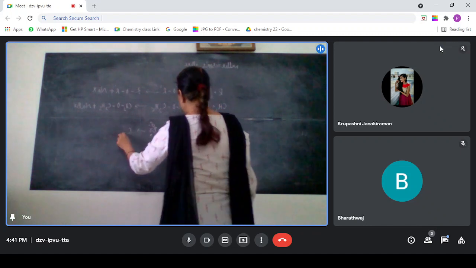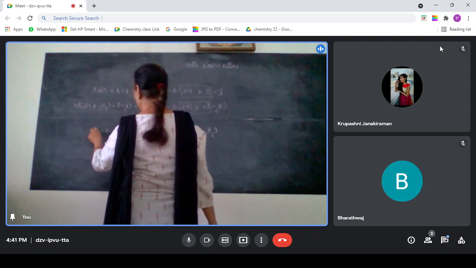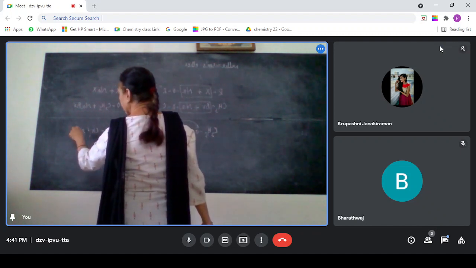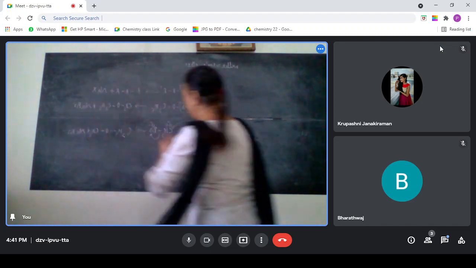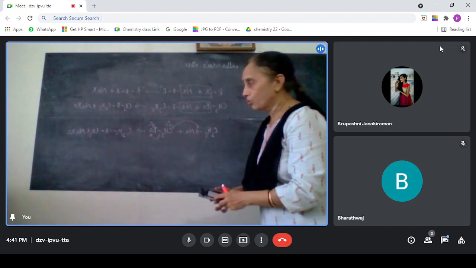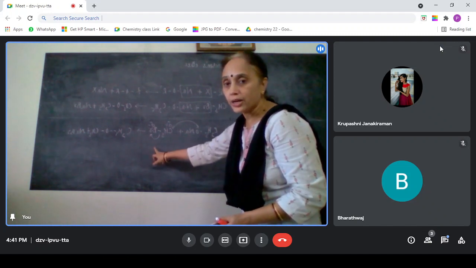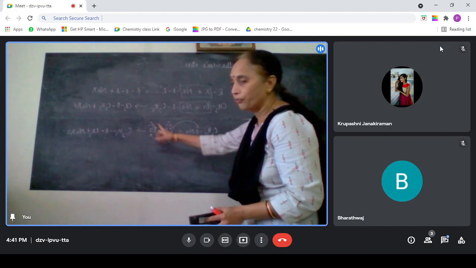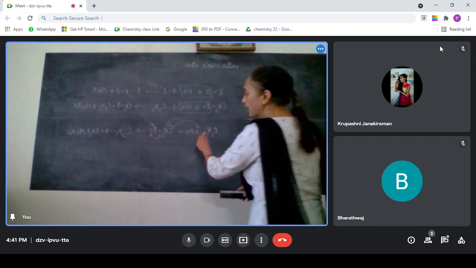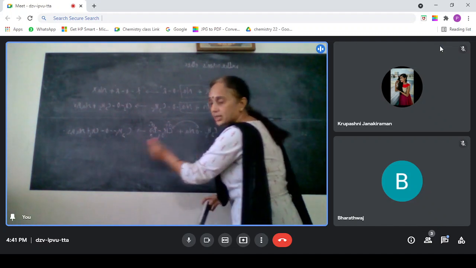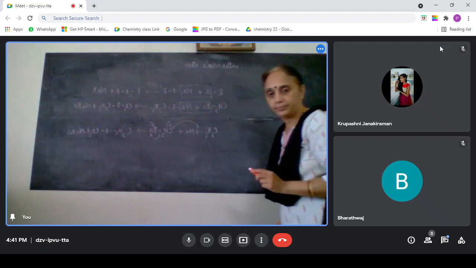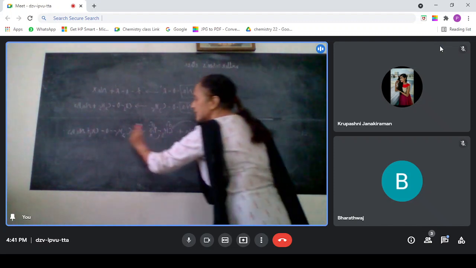When you remove this, you are going to get C2H5OCH3 and NaBr. Here also, it is an SN2 reaction, substitution nucleophilic bimolecular, because the attack and the breakage take place simultaneously. It takes place in a single step.